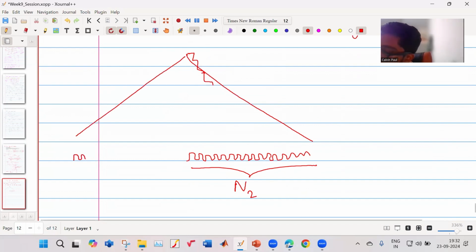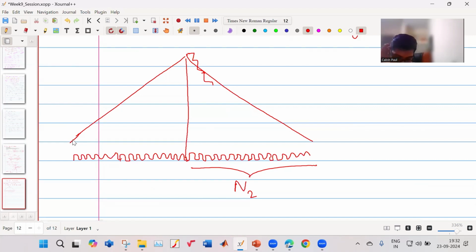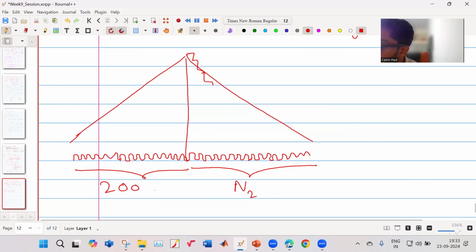Let us say this is my clock. Now I have told it that this will be equal to 2000. 2000 clock cycles it will go, and it will increase. In one case, it will take 2000 cycles. Then in the actual case when there is an error, the clock has become slower.